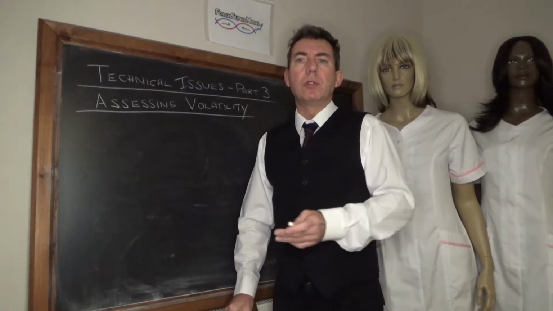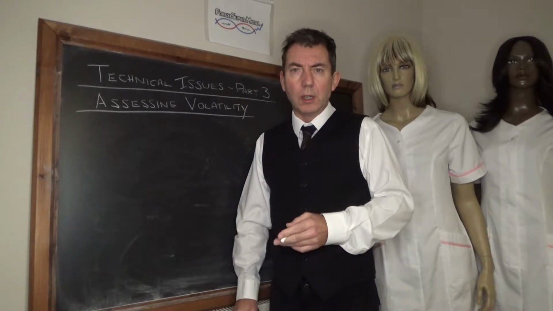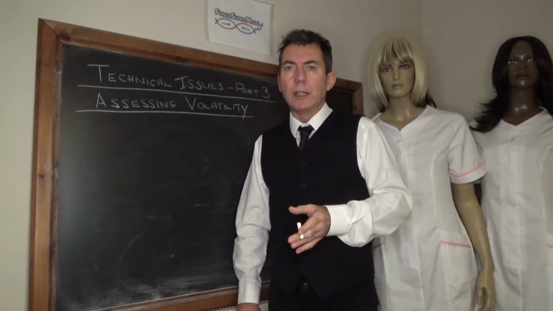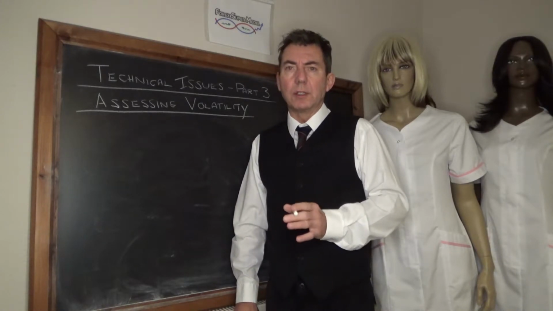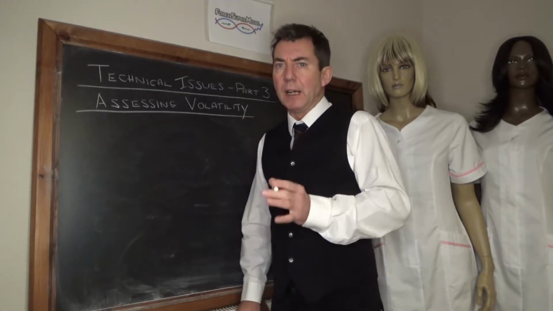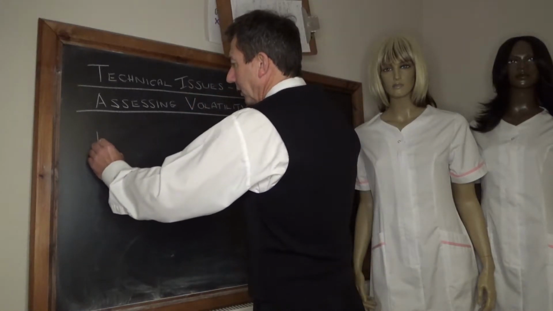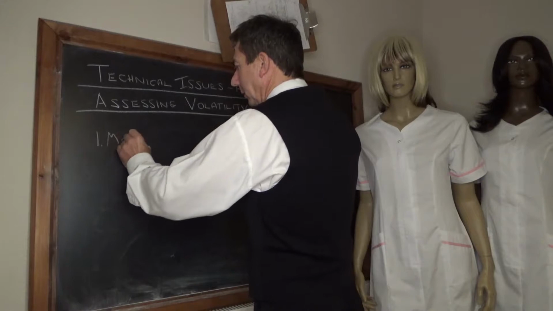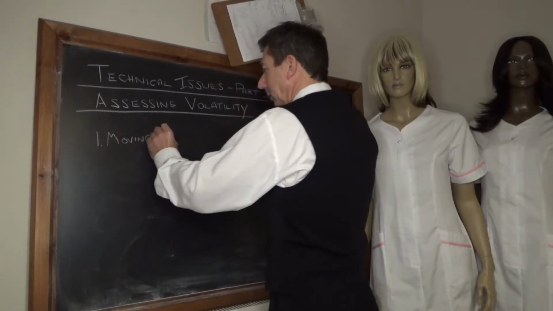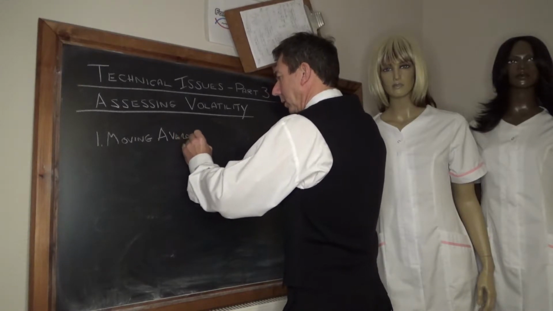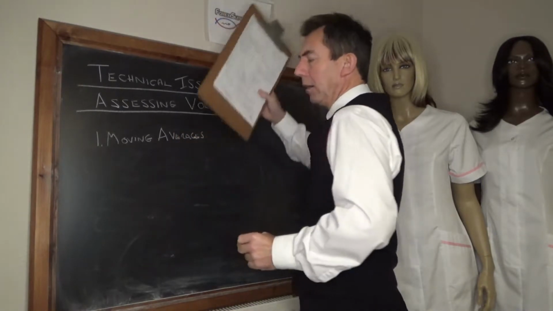Now how are most traders taught to assess volatility? The default trader generally assesses volatility in 3 ways, and the first way is moving averages. So moving averages.